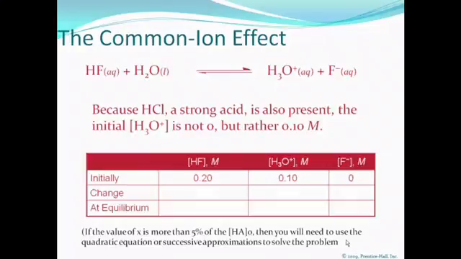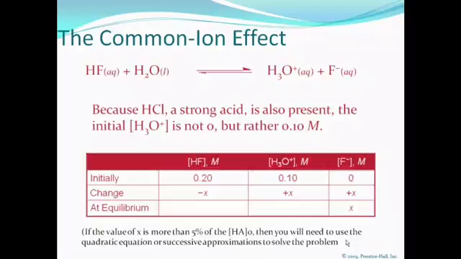That's what was given in the problem. Your HF is 0.20, also given. Your ICE table will be set up just as normal with the X's. You're going to lose a certain amount of HF and gain a certain amount of hydrogen ion and fluoride ion.